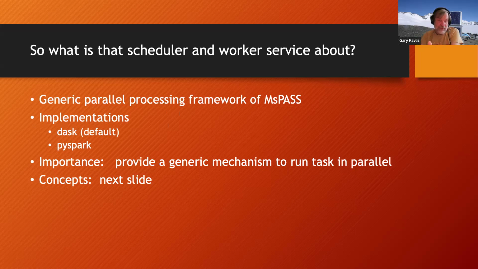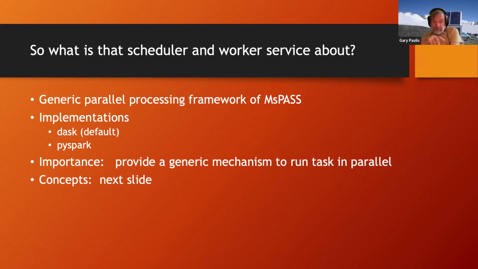I just talked about these in generalizations before. One of these is this idea of what's called a scheduler and worker. In my pre-course lecture, I gave you a little bit of material about that, but not a lot. This is part of a generic framework for parallel processing that we use in MsPASS. We could use either a package called Dask, or another one, Spark, or PySpark, which is the Python version of Spark.